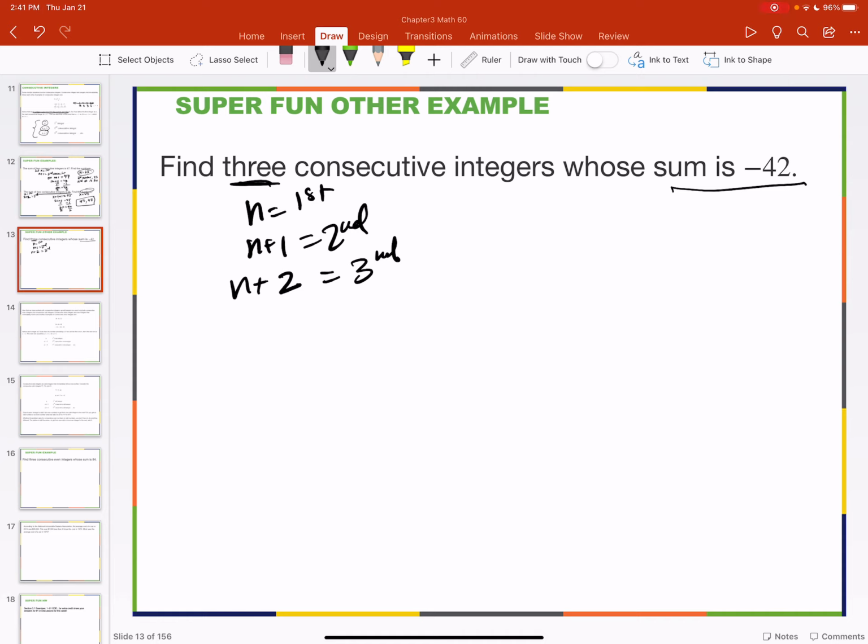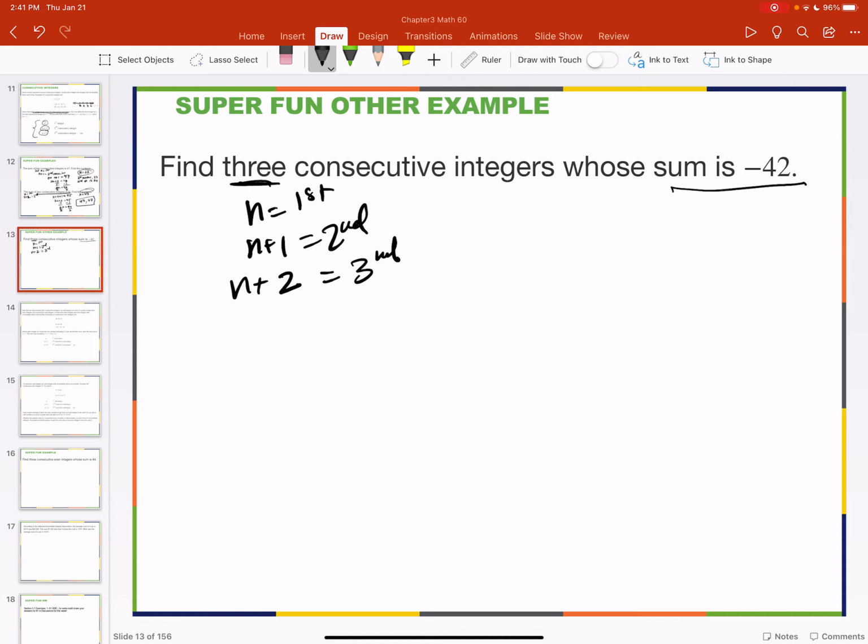So n is the first integer, which is going to be negative 15. The second one is going to be the next one on the number line. If you need to write it out, you can write n plus 1, that's fine too. Negative 15 plus 1 is going to be negative 14.